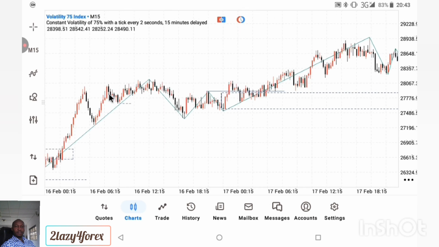Okay, let's look at this now. This place, like I said, is where I have the highest low of the expansion leg. And once I have a lower low close below it, this confirms a pullback. Please confirm your pullback before you start saying lazy is a scammer.